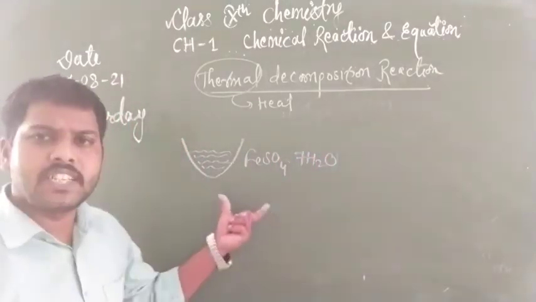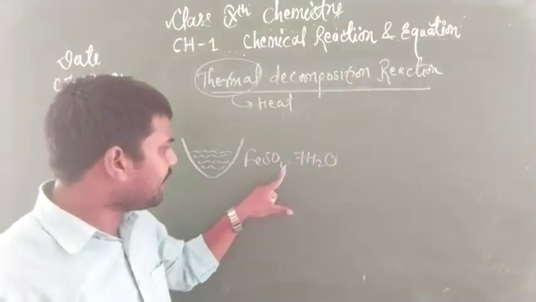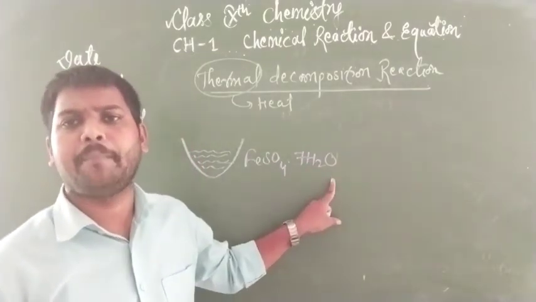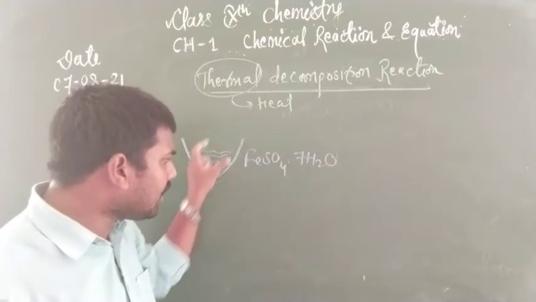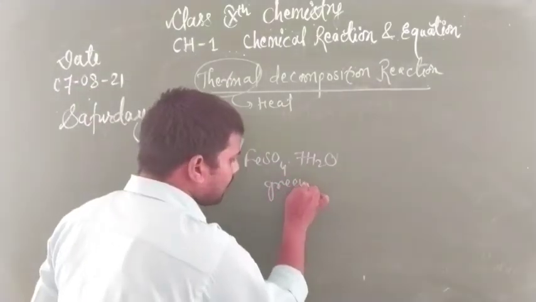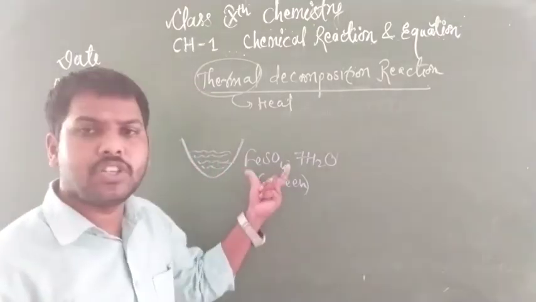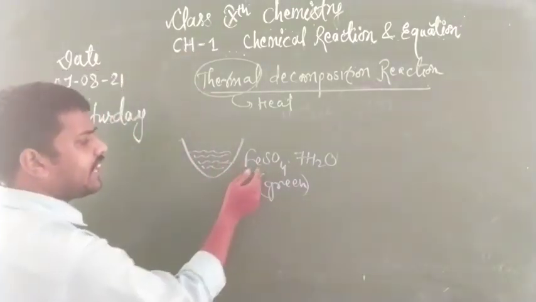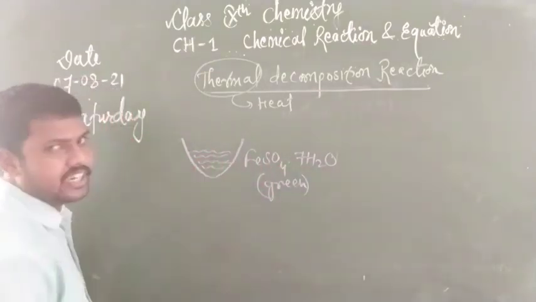The name of this crystal is ferrous sulfate heptahydrate, and the color of this crystal is green. The common name of this compound is green vitriol. Clear everyone? So ferrous sulfate heptahydrate we have taken in this China dish.